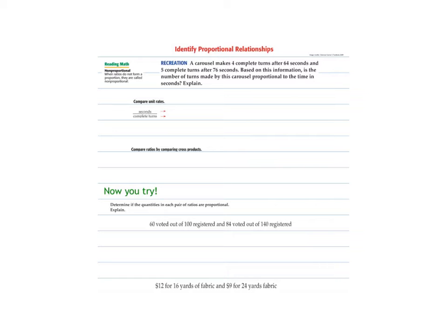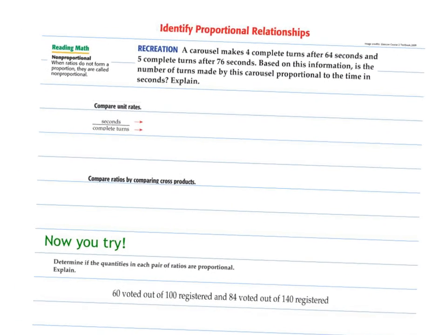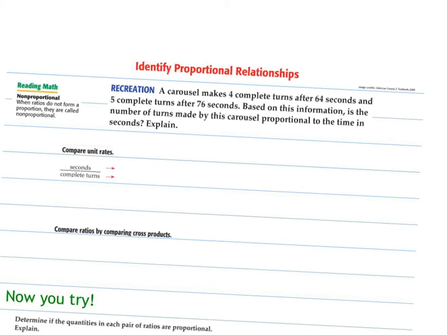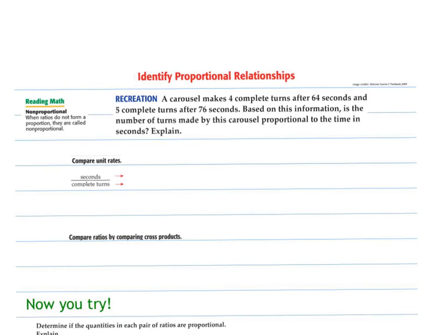All right, we want to know if these are proportional. A carousel makes 4 complete turns after 64 seconds and 5 complete turns after 76 seconds. Based on this information, is the number of turns made by this carousel proportional to the time in seconds?